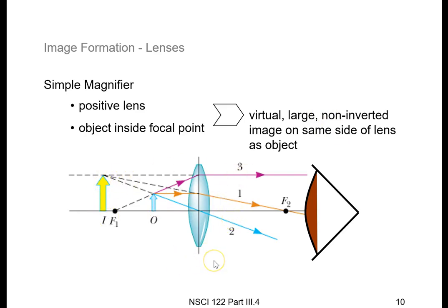Now, because we're talking about how big this virtual image looks to you, because it's not a real image, it turns out that that is a function not just of the height of this arrow, but also how close this arrow is formed to the lens.